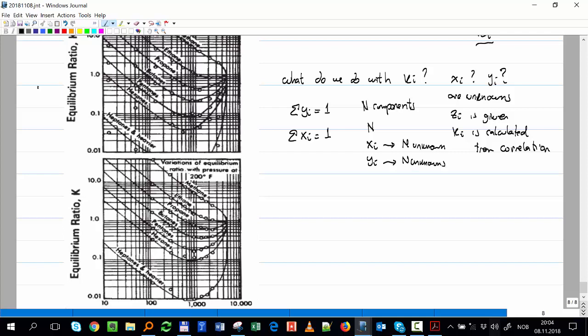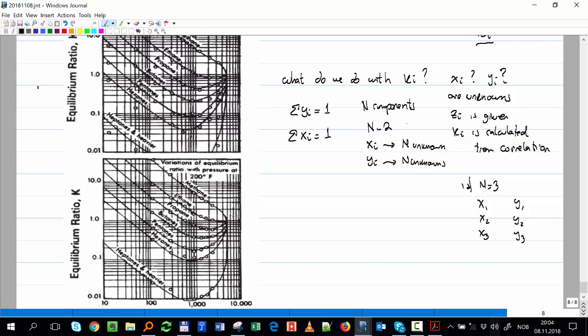If we have, let's say 3 components, we have the mole fraction of component 1 in the vapor phase, the mole fraction of component 2 in the vapor phase. If n equals 3, we have x1, x2, x3, and y1, y2, y3, right? So we have 6 unknowns. So we have 2 times n unknowns.